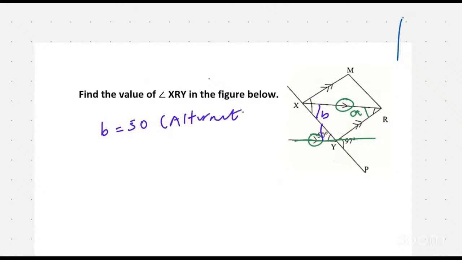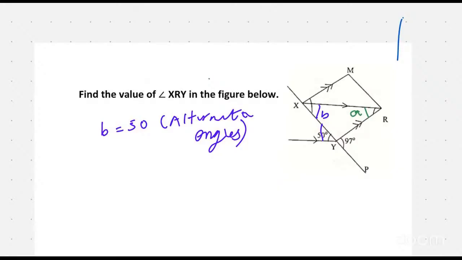All this is becoming simple to you. Alternate angles. Another thing I want you to see: I've told you that B is 50 degrees.